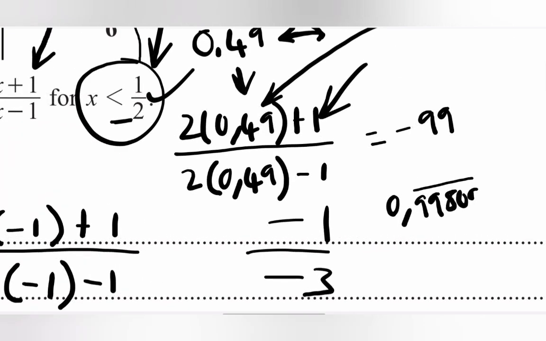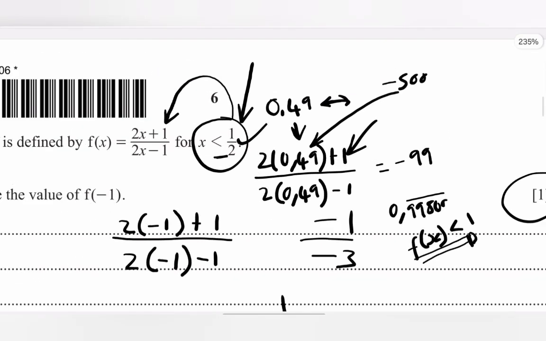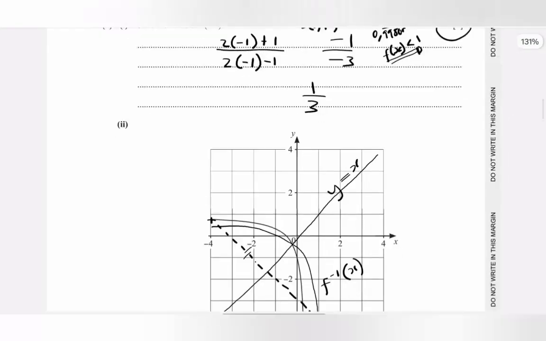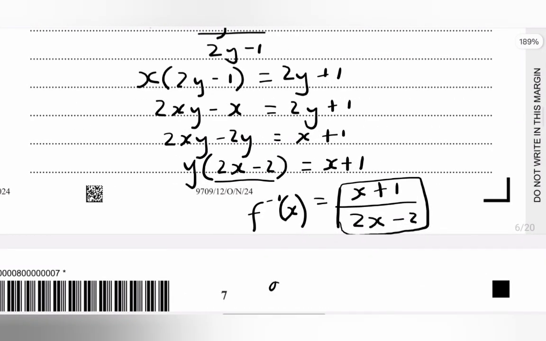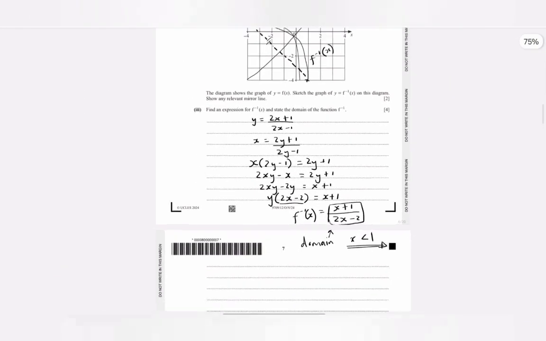They are approaching 1, but they do not get to 1. So we can say our f of x will always be less than 1. So this is the range of f of x. And this being the range of f of x also tells us that it's the domain of its inverse. So the domain of this inverse will be x less than 1. Like this for 4 marks.